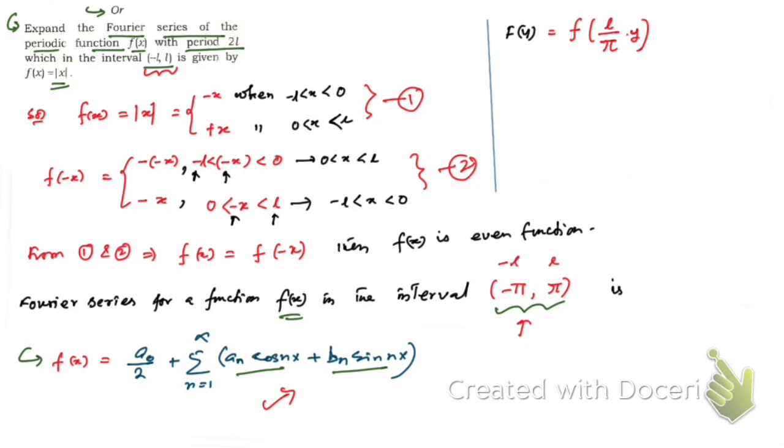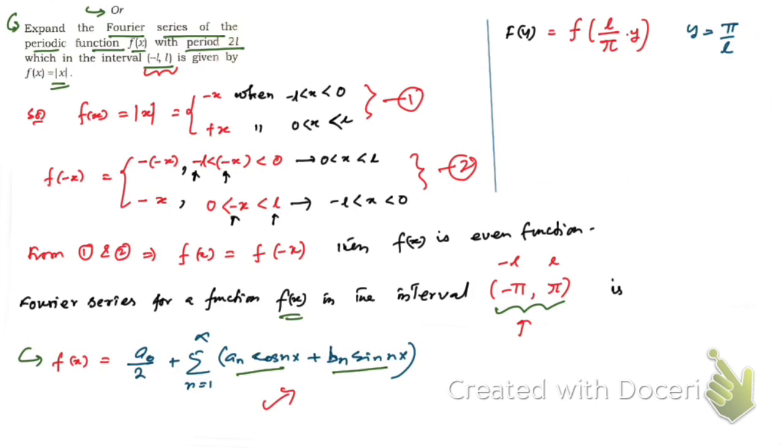So that's why we have considered that y is equal to pi by l x. That means if you put plus l here, then you will get y equal to pi, and if you put minus l here, then you will get y equal to minus pi. So that's why we have considered it that way.